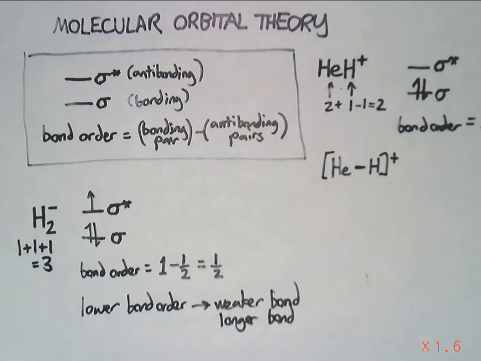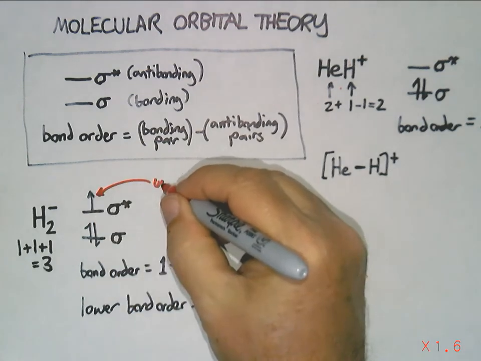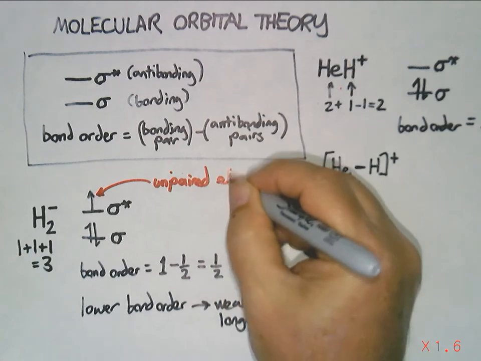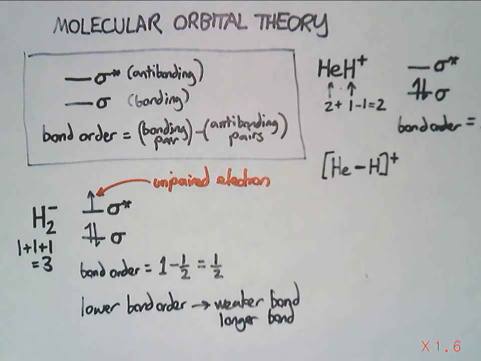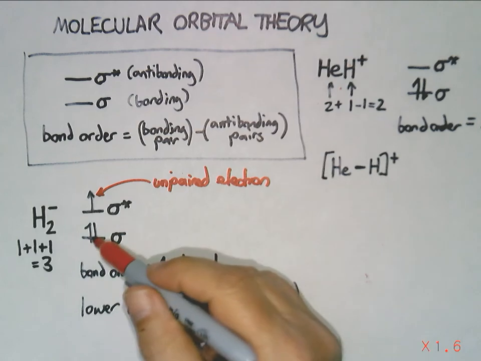There's another thing that I can tell. This has an unpaired electron. Now remember that electrons, because of their spins, are like little bar magnets. So this has got a bar magnet that isn't canceled out by another one.